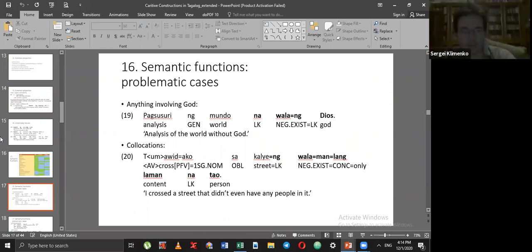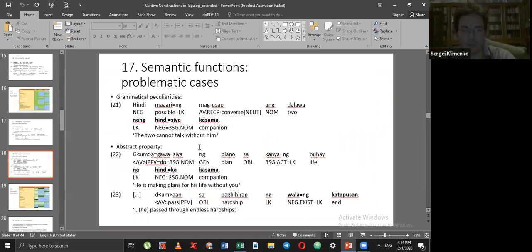I think mostly it concerned things like some, I don't know how to classify it, abstract property. So examples like 22 or 23. If you make a plan without you, make plans for life without you, it can be argued in various ways. It can be argued that you are not part of the plan, you are not in the plan, so it could be locality, or you're not a parameter because the plan in some way doesn't have you. Same thing goes for constructions like in 23, like endless hardships.